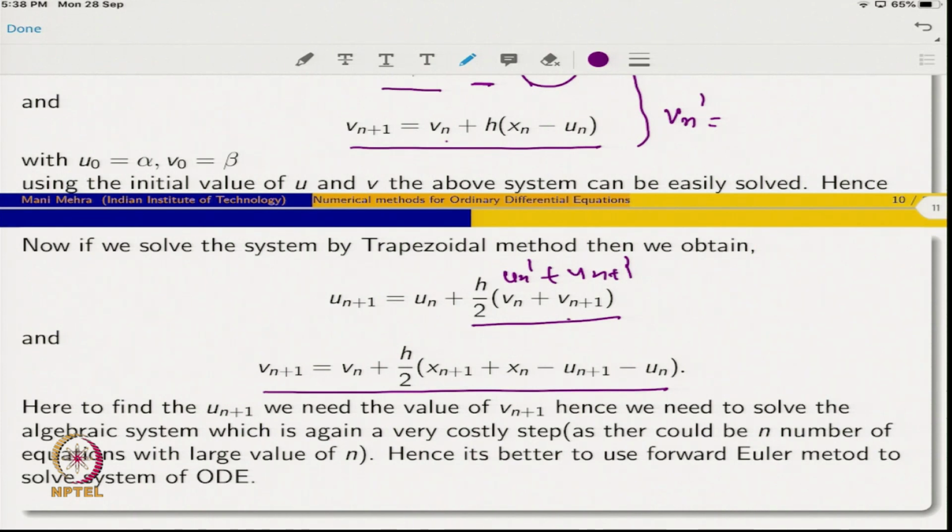Hence, it is better to use forward Euler method to solve a system of ODEs if n is very large. Here we have ended with a 2 by 2 algebraic system because we started with second order differential equations. If the order is more, the order of this system will also be more, that you must have seen in some theoretical course of differential equations.